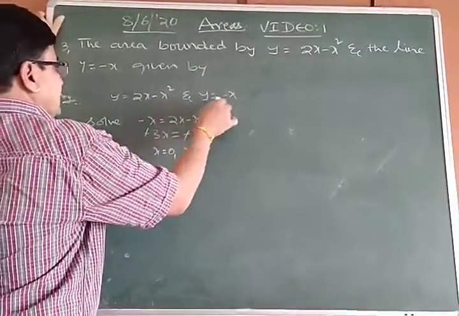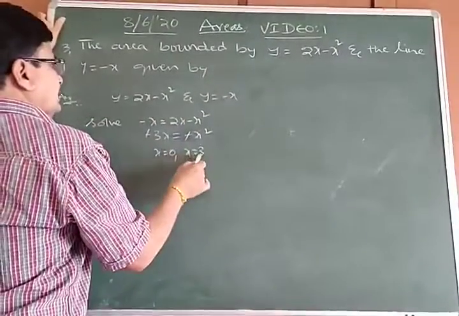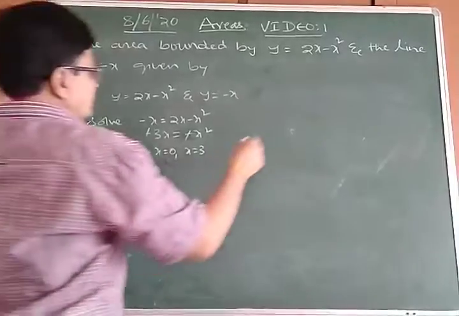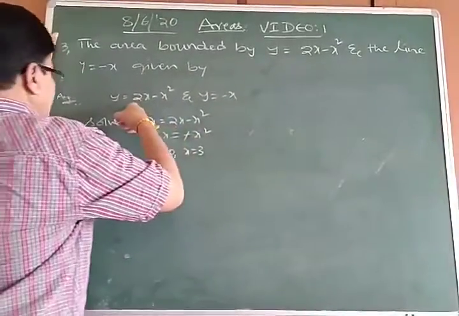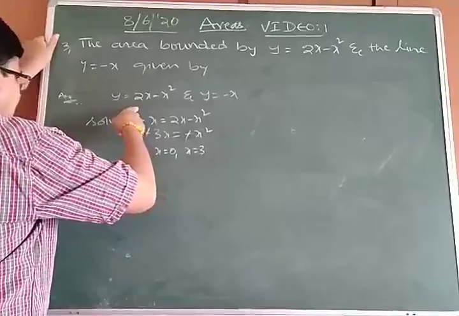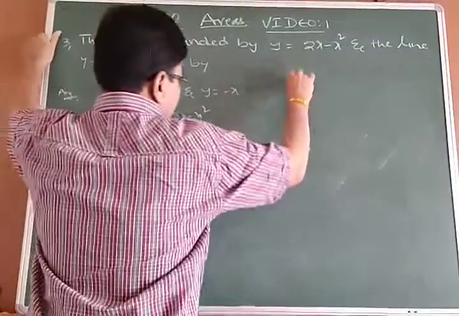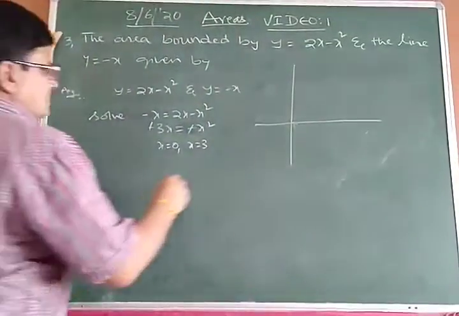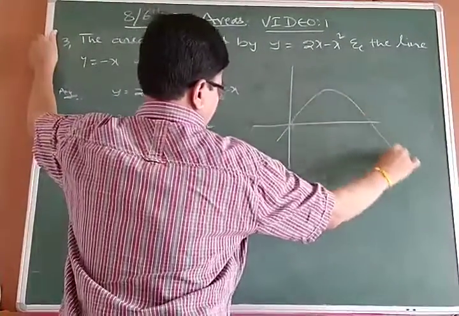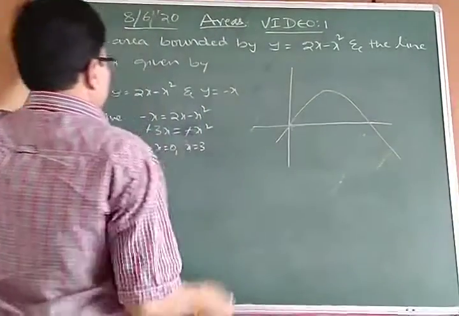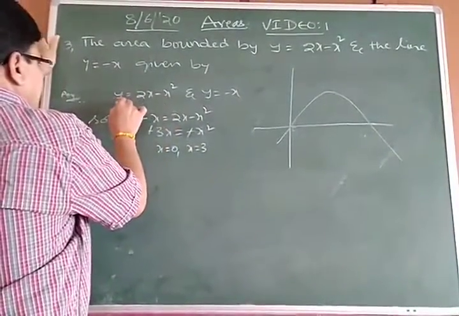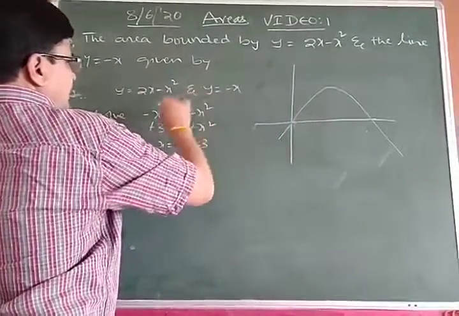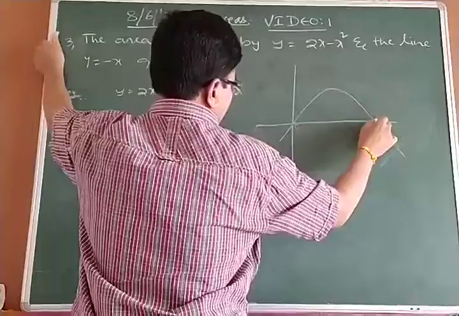When x is equal to 0, y is equal to 0. And when x is equal to 3, y is equal to minus 3. So this represents the equation of a parabola which passes through origin. The curve passes through origin and it cuts the x-axis at 2, 0.